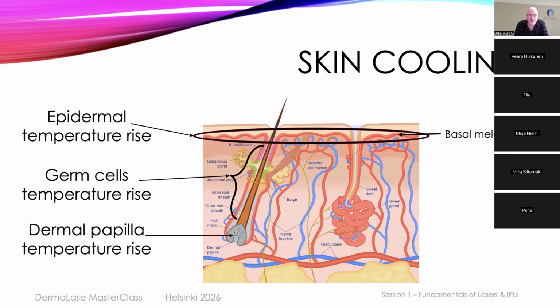So the current thinking is you're trying to raise the temperature of the papilla cells, because the dermal papilla is the control center for follicles. It sends out all the signals to grow and die and to stimulate the stem cells, etc. We'll talk about that later. Right?